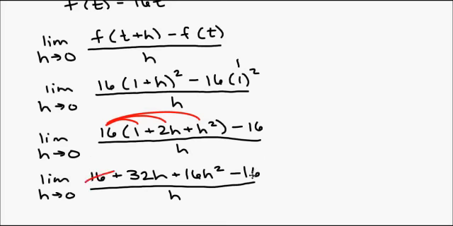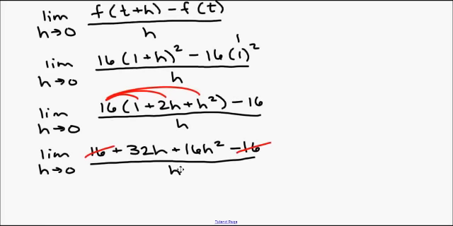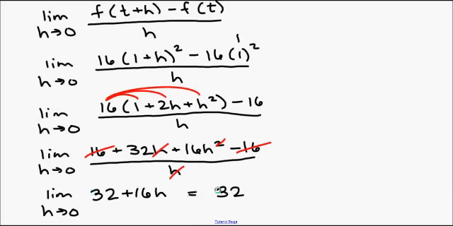These 16s cancel. Now we have an h common to these three terms. One h will cancel from each term. So we have the limit as h approaches 0 of 32 plus 16h. If I plug in a 0 in that h, then I find the limit is 32.